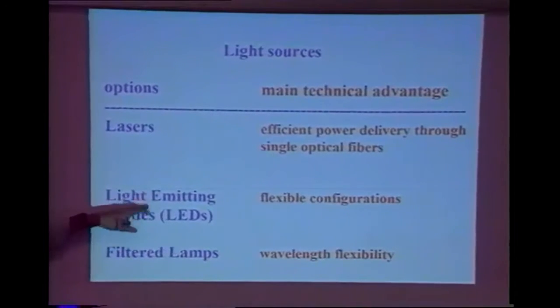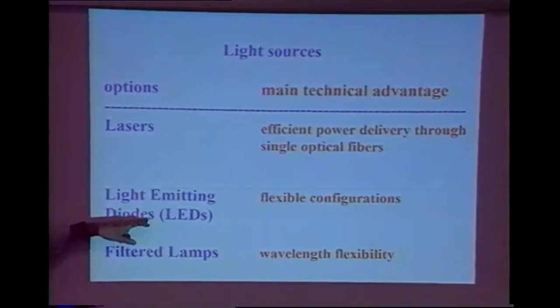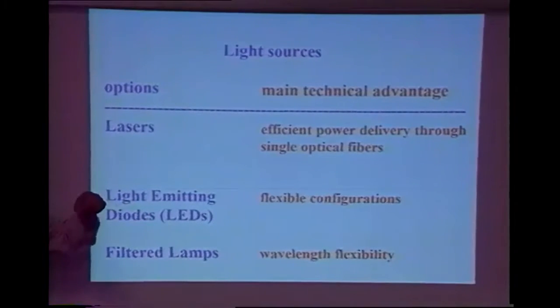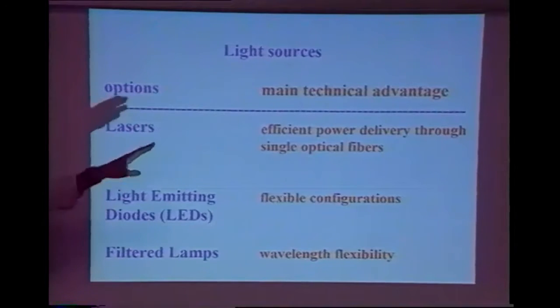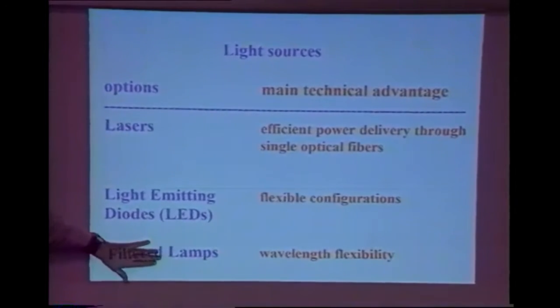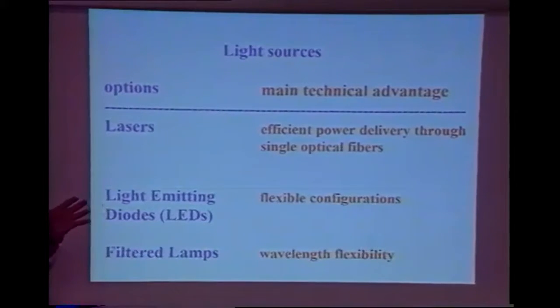It may start to be possible to get enough light from an LED delivered into an optical fiber, but that's still challenging. The big advantage of LEDs is that they have very flexible configuration. I'll show you some slides to illustrate that. And the big advantage of filtered lamps is that they have a broad spectrum, so you can put a filter in and easily change the spectrum if you want to go from one sensitizer to another.